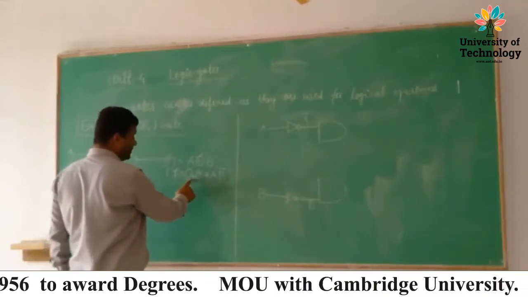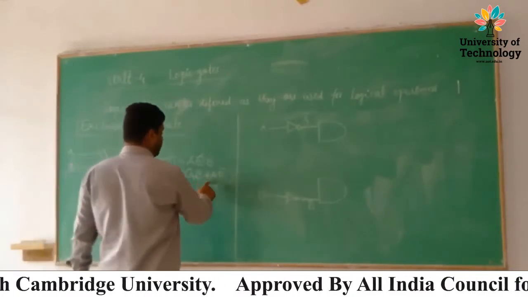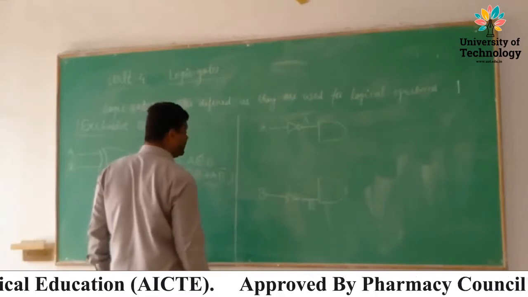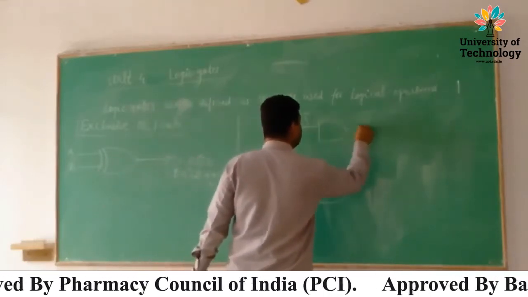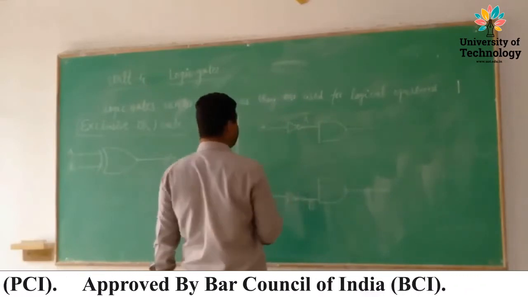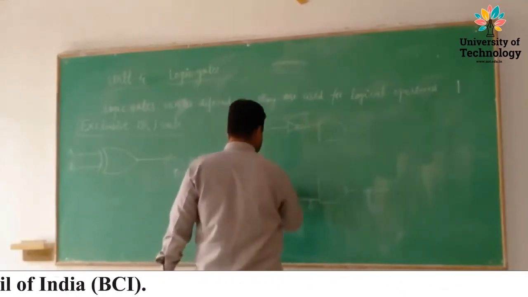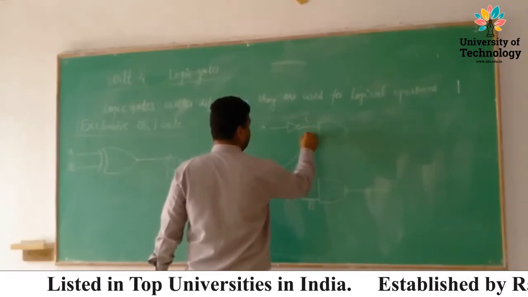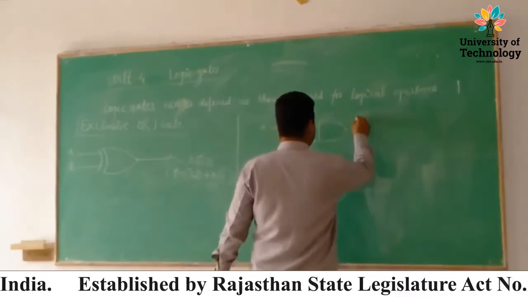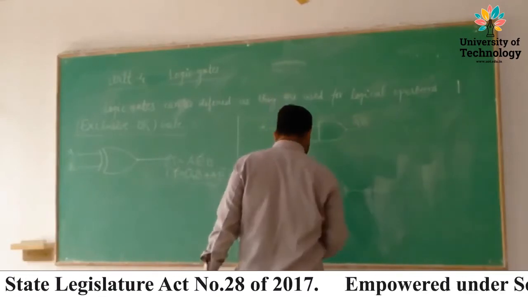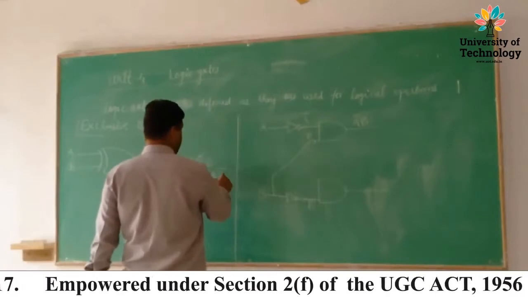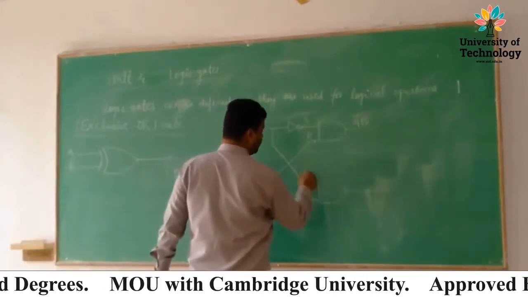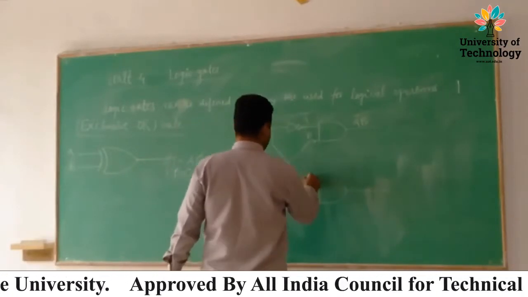Firstly, inverse of A multiplied by B, then addition of A into inverse of B. From here we will obtain A bar B, then A bar this, and second B. Here B, here A bar B, and here A B bar. A B bar means this A is fed here, means A.